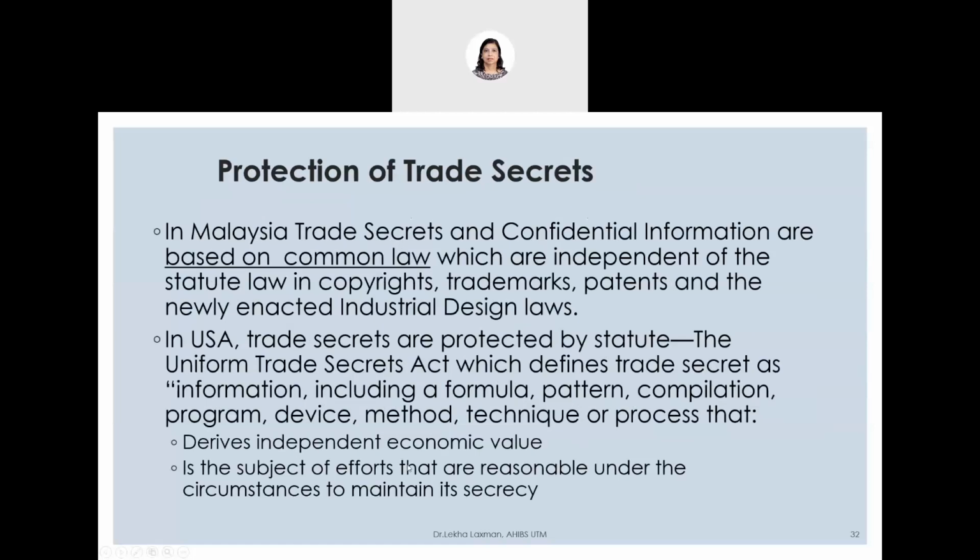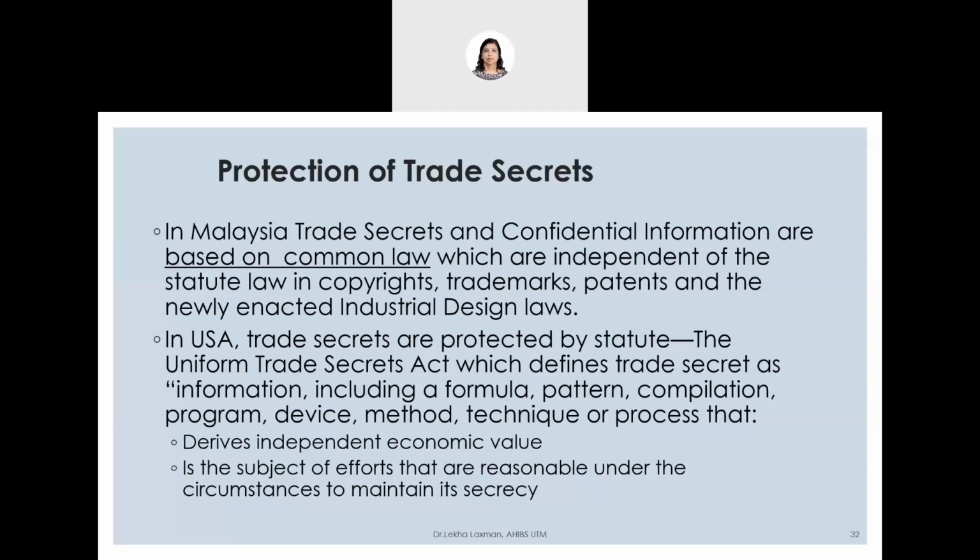Okay, so in Malaysia, trade secrets and confidential information are also based on common law. So you see the word common law, basically it means law that has been developed from decisions of courts. All right. So trade secret and confidential information consist of principles that are derived from court cases.